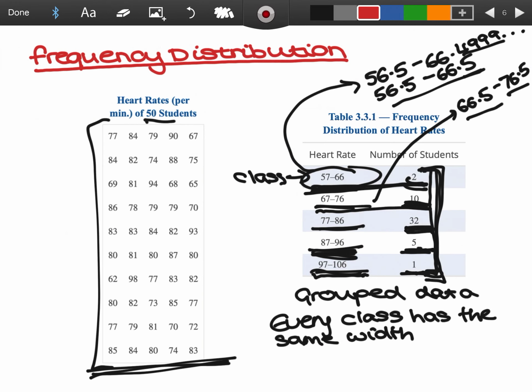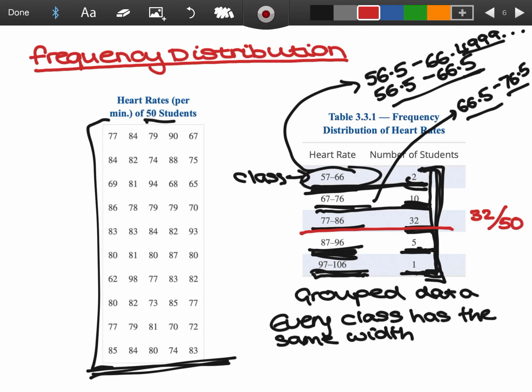So the relative frequency of my third class, 77 to 86, well, I had 32 people that fell into that class out of the 50 people that I started with. So my relative frequency is 32 out of 50, okay?